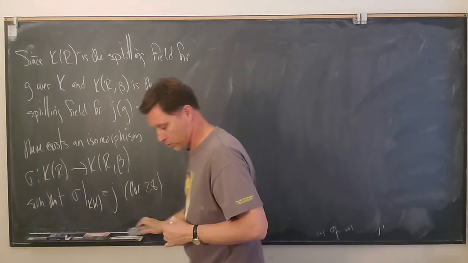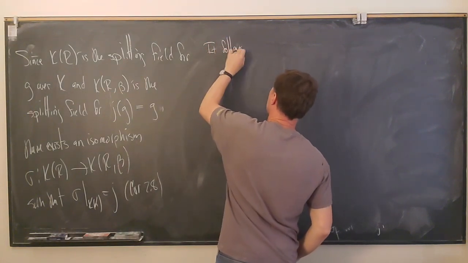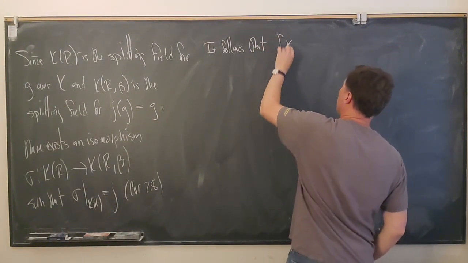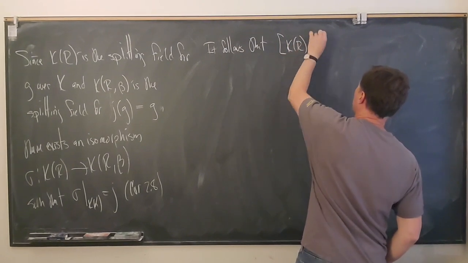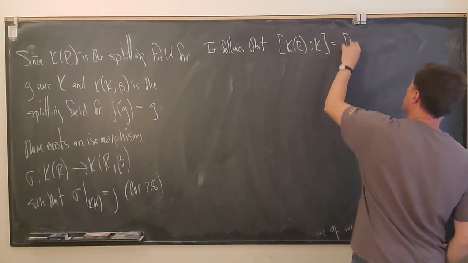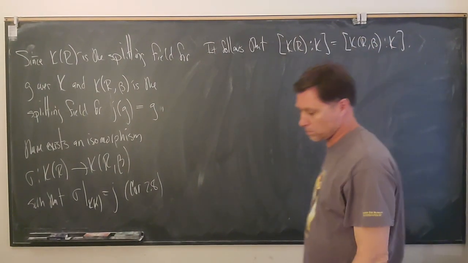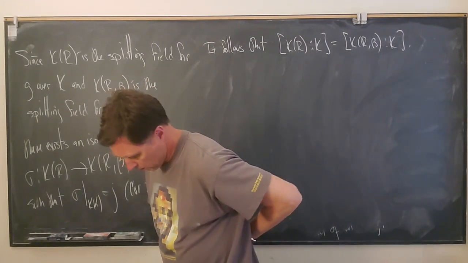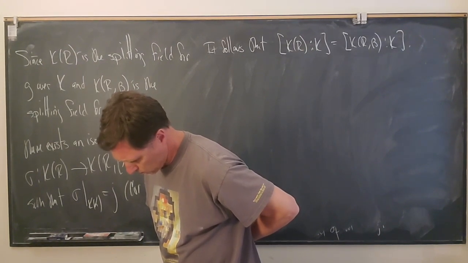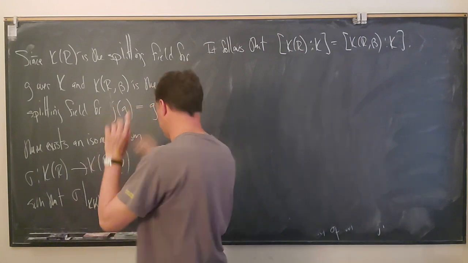Okay, so the last step, we're almost there. So it follows that the degree of K adjoin R over K is equal to the degree of K adjoin R beta over K. Sorry, this is what I'm trying to prove.